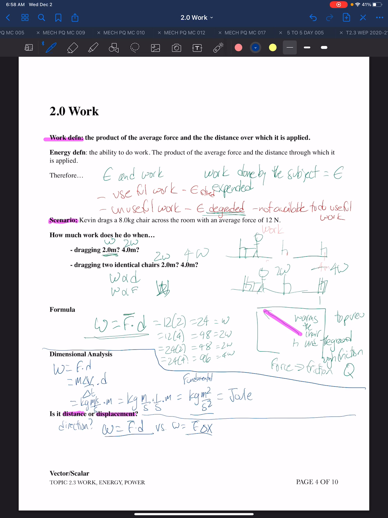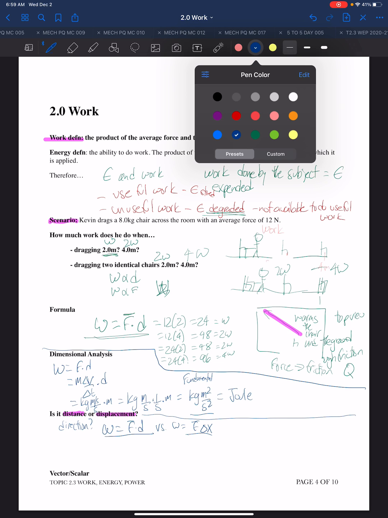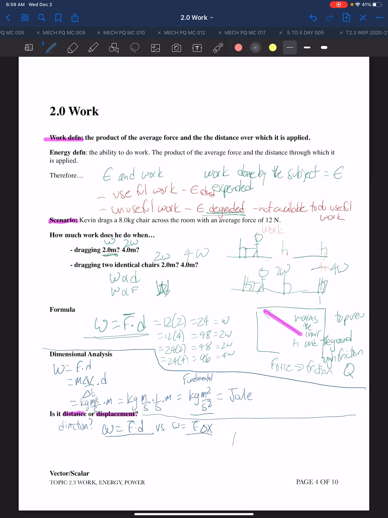So I'm going to draw a top view here like this. And we'll do a path here. If we take a yellow path like this, we drag something from the beginning to the end, we have a distance. Work equals force times distance. And we can see there is a force that would be applied over a distance.